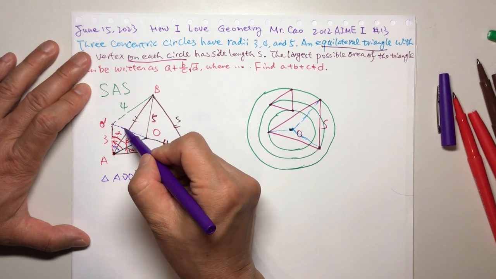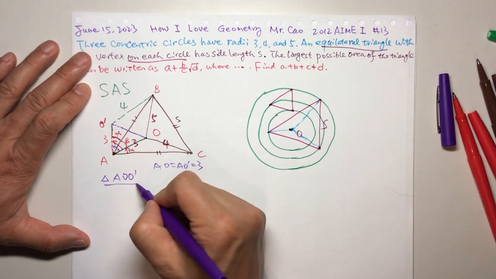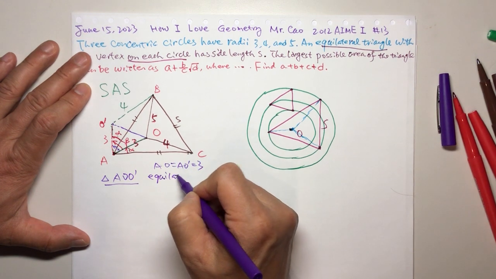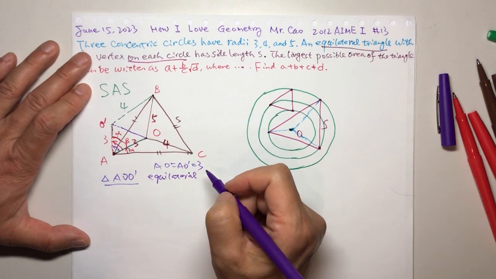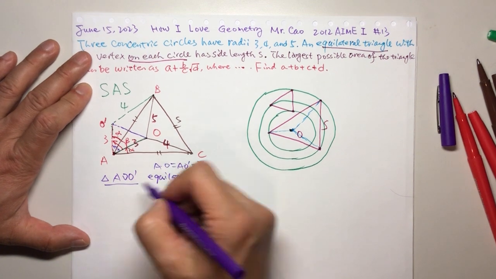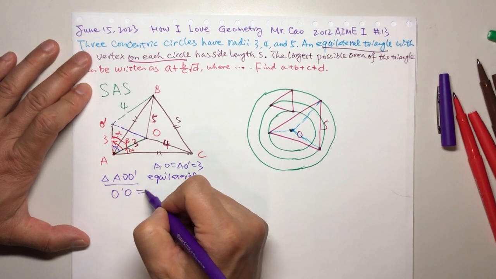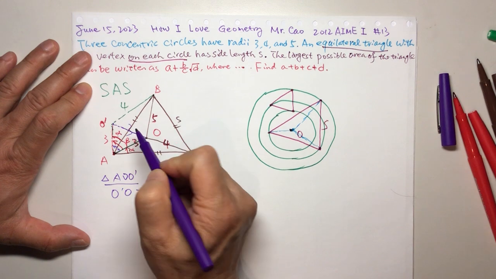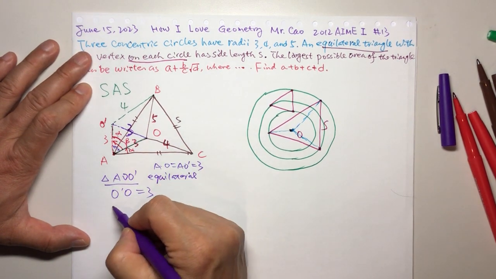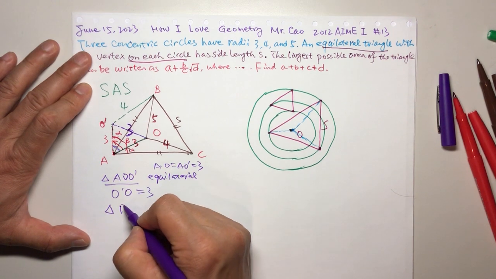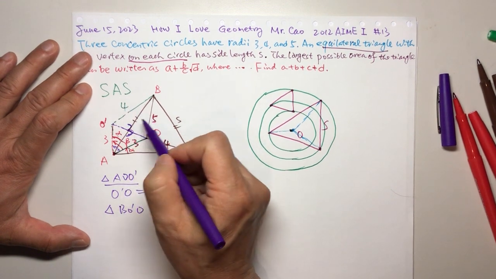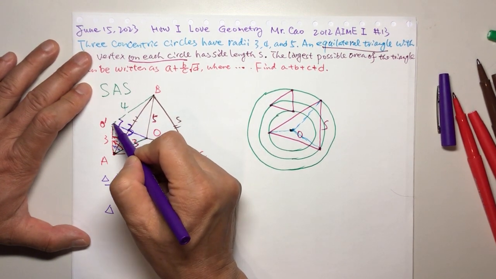So O prime O equals 3. Now we can easily find that triangle BO prime O is a right triangle, 3, 4, 5.